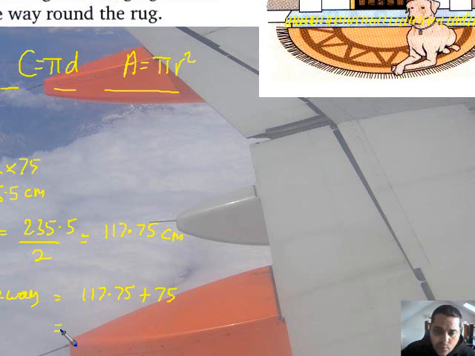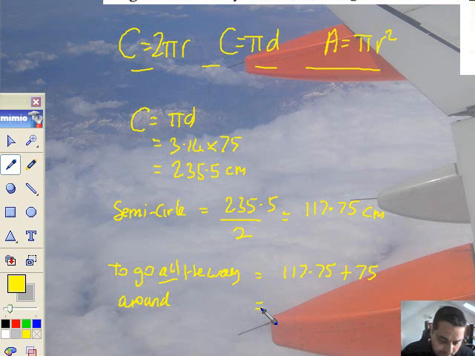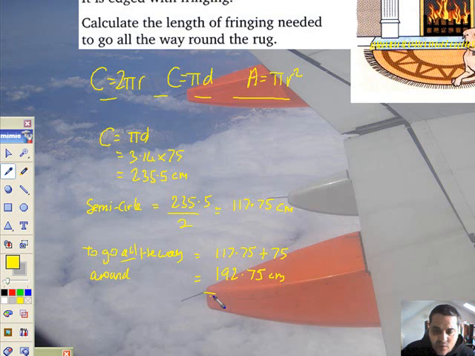Now, again, I don't know what the question's asking us to do. Clearly, I'm just adding on the 75 and getting this. I need 192.75 centimetres of fringing. Now, had this been in an exam, you wouldn't get a picture as fancy as that.